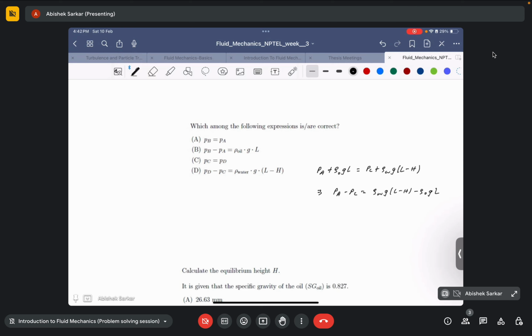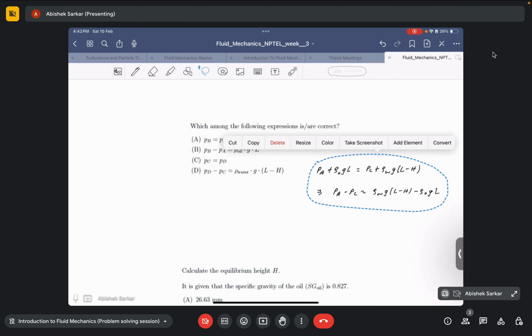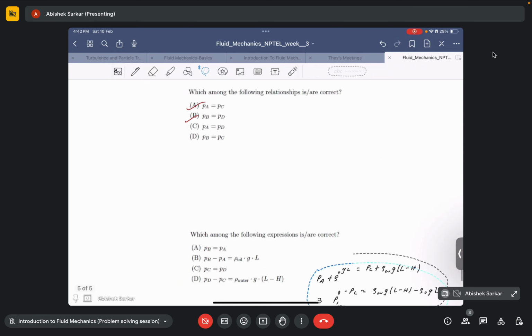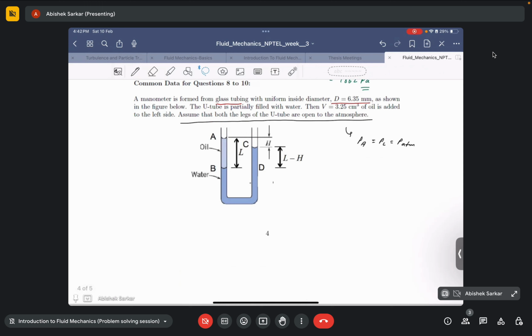So let us go to a diagram. Okay, I guess we can take this as well with us. Copy, paste.